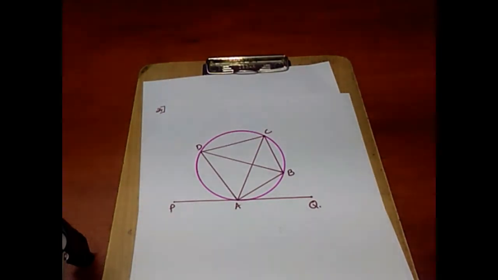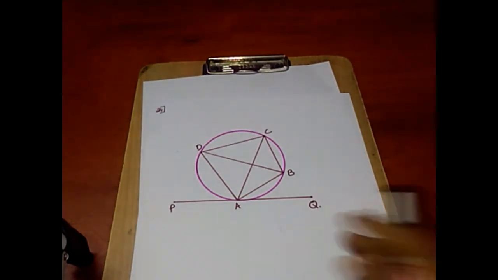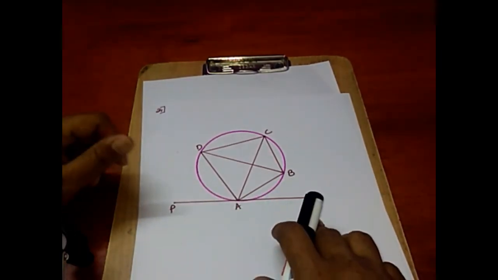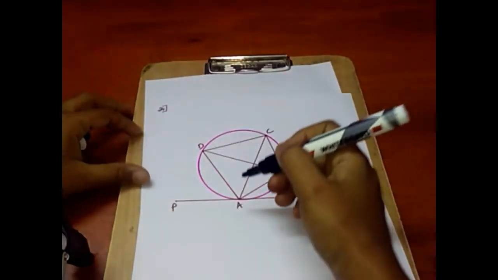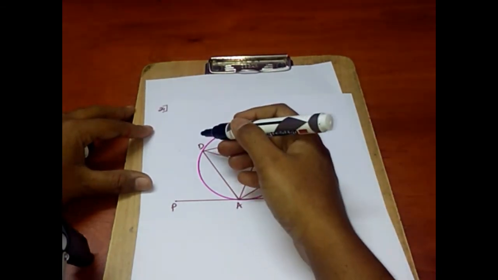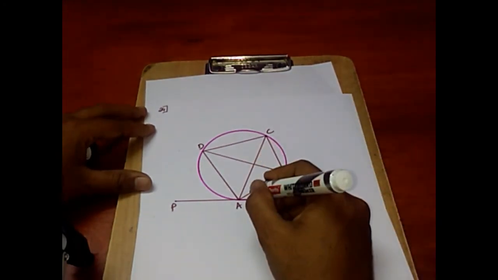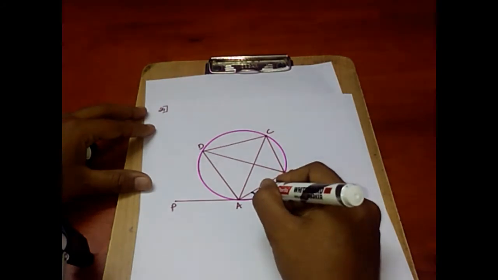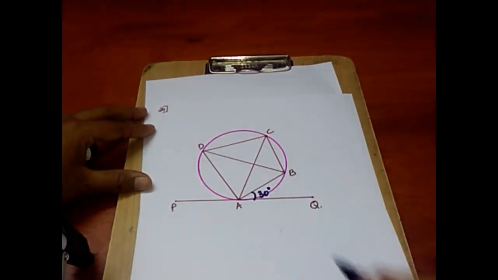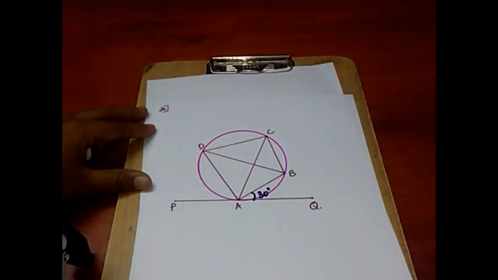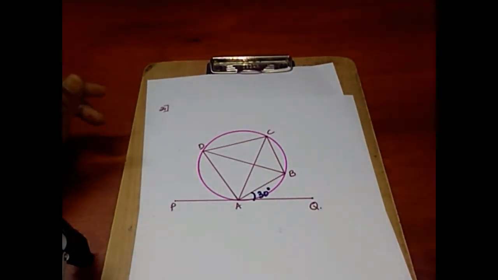Question number 24. In the given figure, PQ is the tangent to the circle at A. AB and AD are the bisectors of angle CAQ and angle PAC. If angle BAQ is equal to 30 degree, let us mark BAQ as 30 degree, and prove that BD is the diameter of the circle.